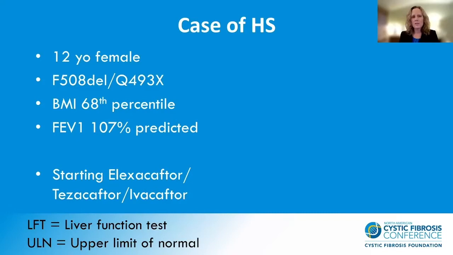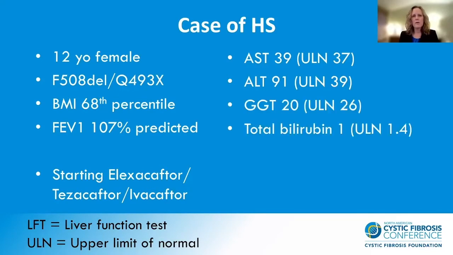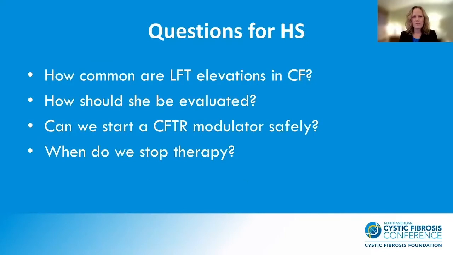In anticipation of this, she had labs drawn, and her AST was mildly elevated at 39. Her ALT was elevated over 2 times the upper limit of normal at 91. Her GGT and bilirubin were normal, and so she was referred to hepatology for further evaluation.